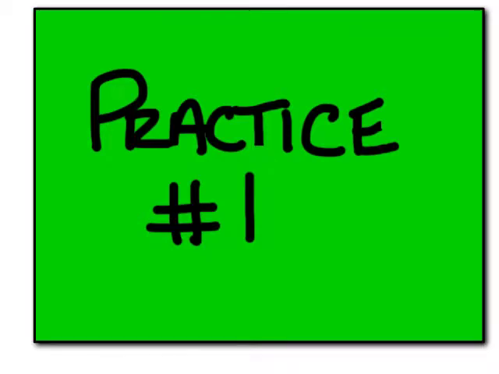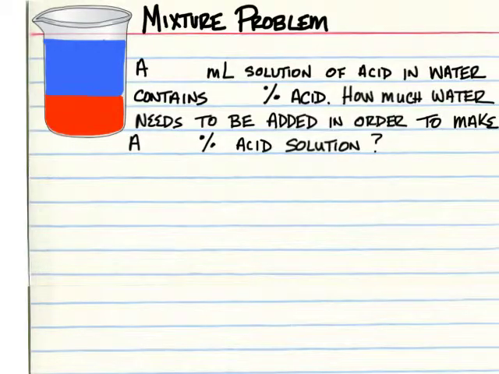Practice number 1. In this problem, you have a 925 milliliter solution of acid in water, and it contains 7% acid. How much water needs to be added in order to make a 4% acid solution?